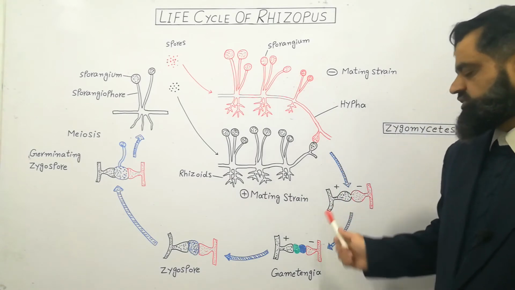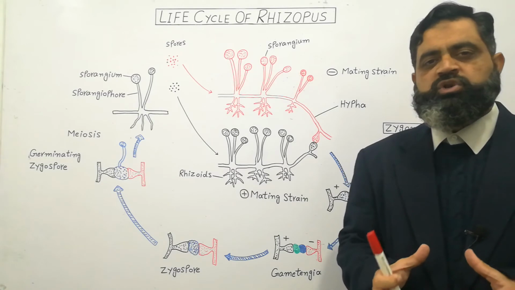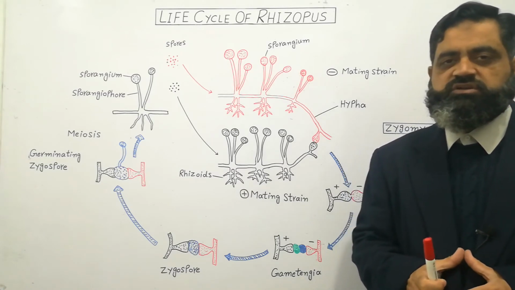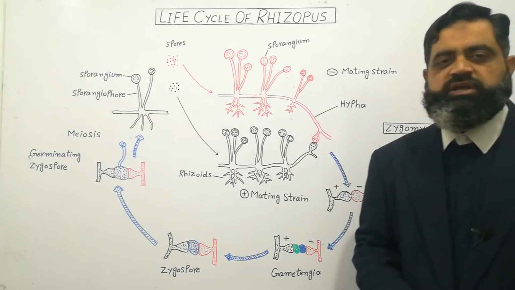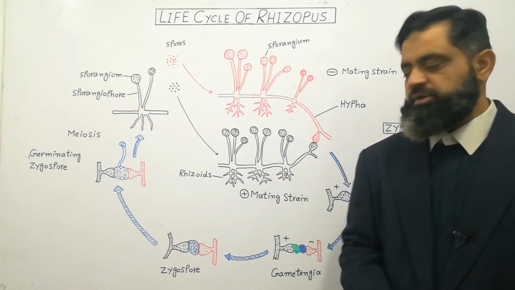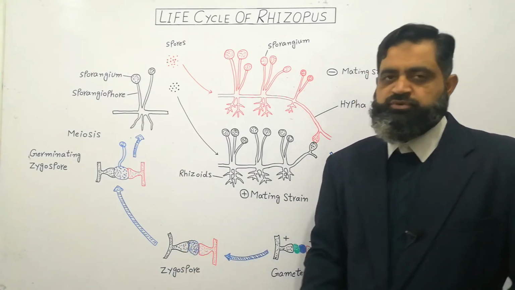During early stages, only plasmogamy takes place, and later on their haploid nuclei also fuse with each other. After the fusion of nuclei, this process is known as karyogamy. This gametangia develops into a structure which is known as zygospore.